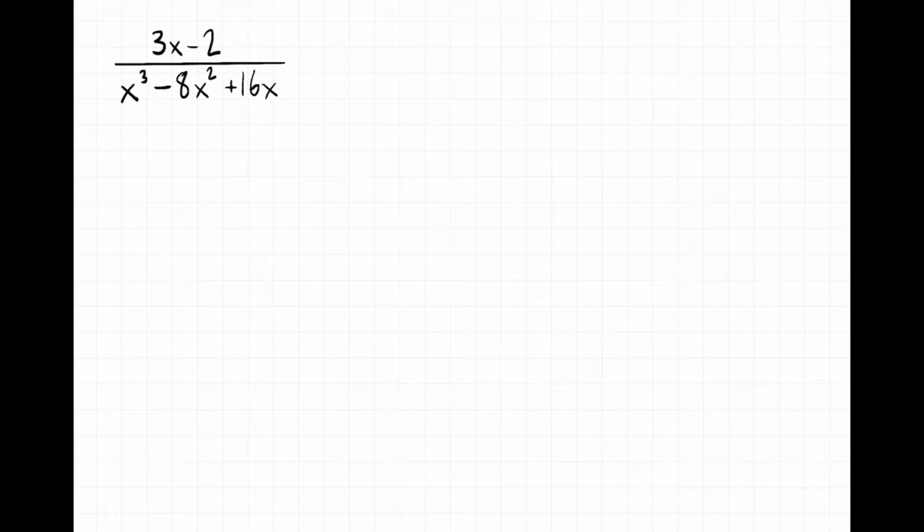So let's pull our function out of the context of an integral and see what we can do with it. Remember, we want to break this down into a sum of functions that are easier to integrate. Our first step in this is always going to be to try and factor the denominator. Now, in this case, our numerator has degree 1, so you can't factor it. It's already factored as much as it can be.